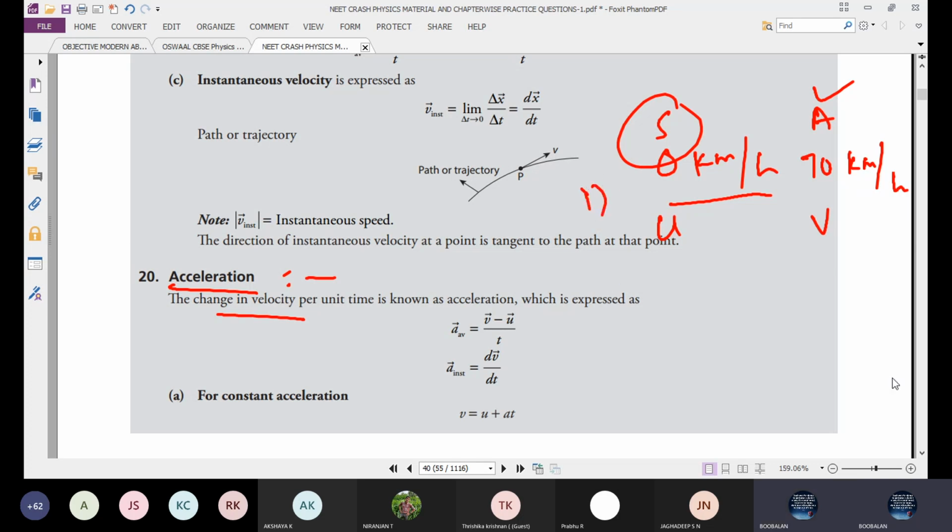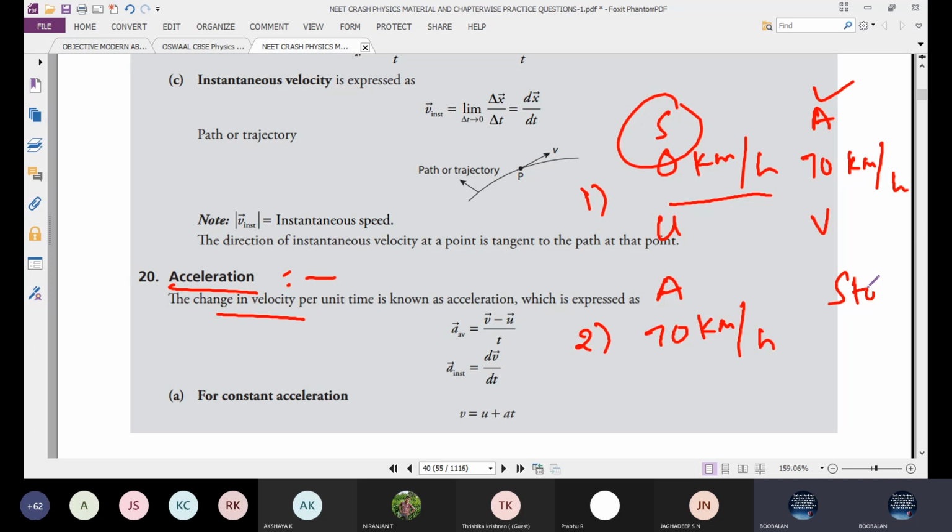Now case 2. What is case 2? At point A, I'm going around 70 kilometer per hour. Suddenly I want to stop at one particular place nearby.